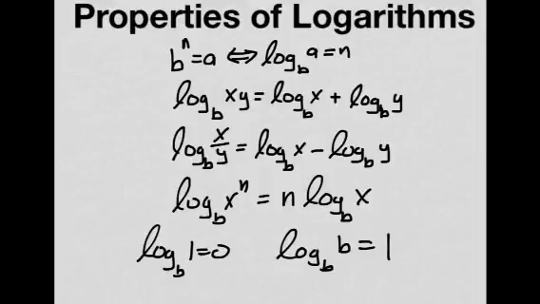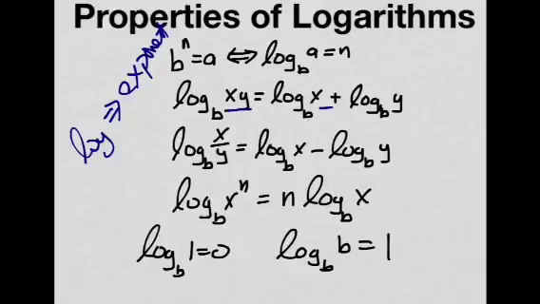Something to keep in mind, to make a little more sense out of these properties, is to remember the fact that the log gives you the exponent. So with our properties of exponents, when we multiply two things together, we add the exponents.